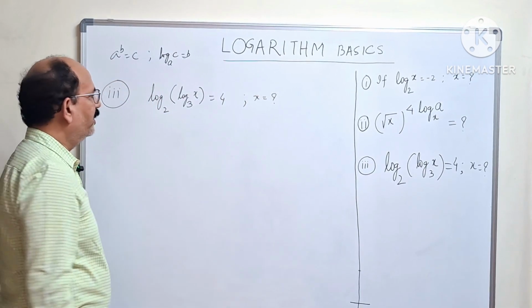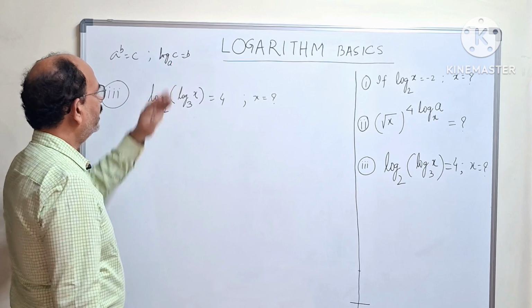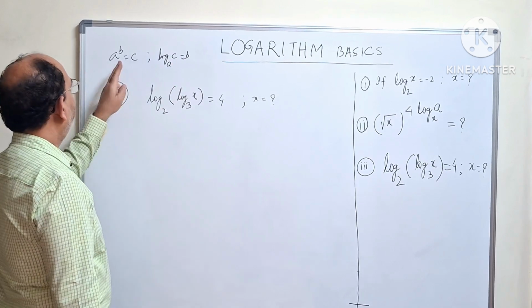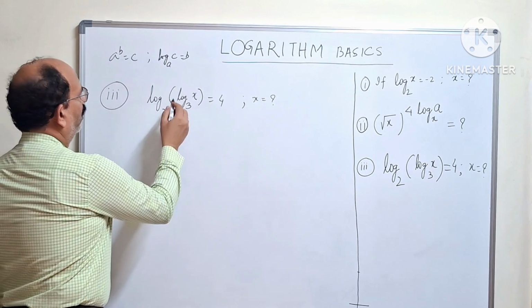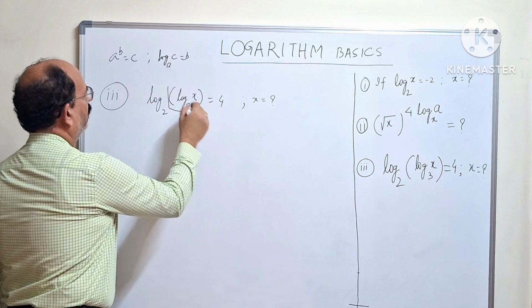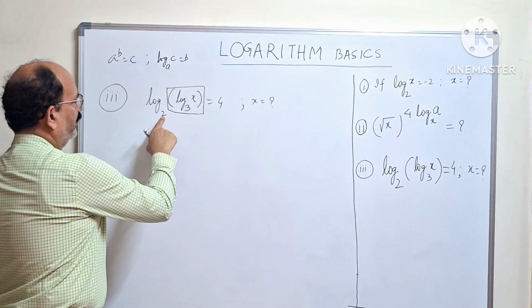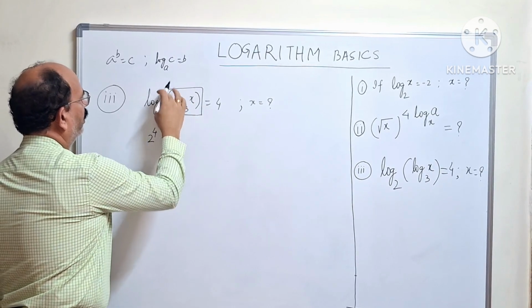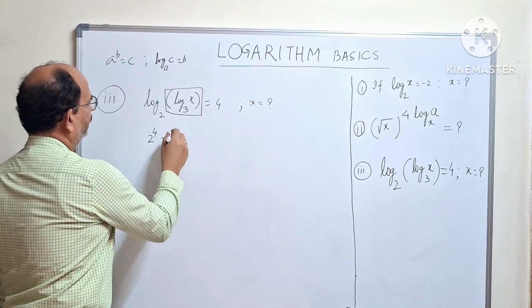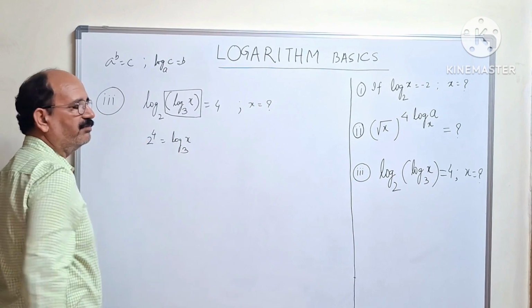Okay. Let's apply our basic definition. Log c base a is equal to b, then a to the power b will be equal to c. Now let's consider this as a black box as of now. Then 2 to the power 4 will be equal to whatever is here. So this should be equal to log x base 3.